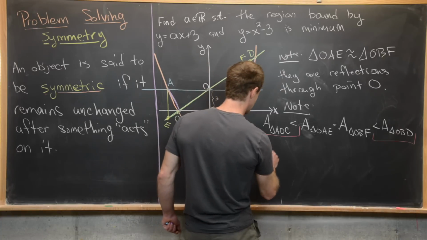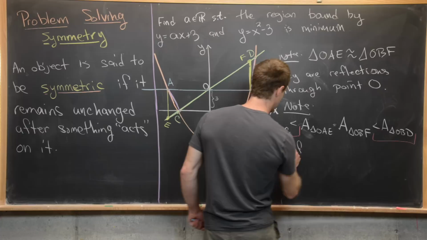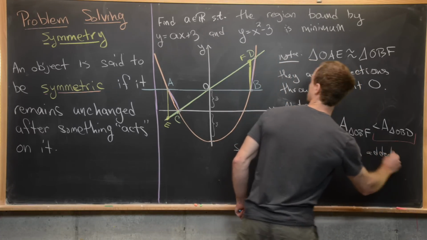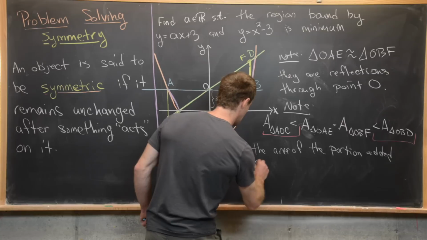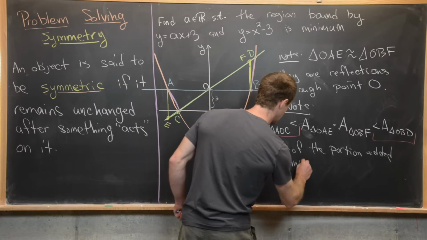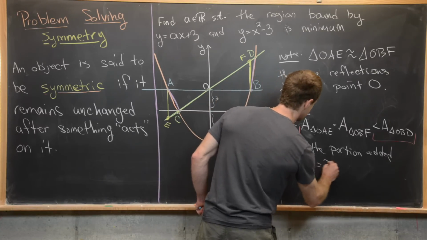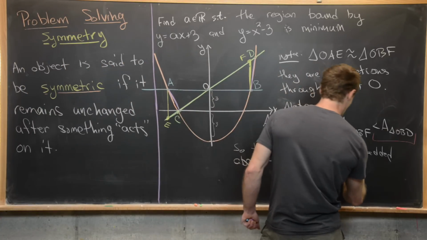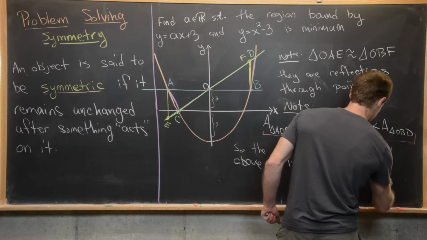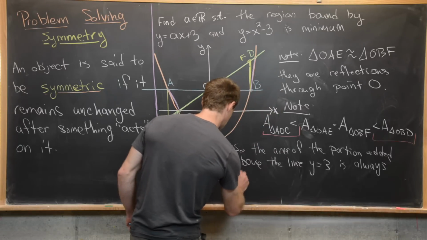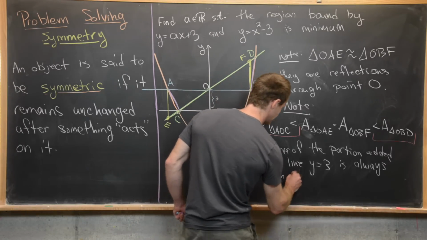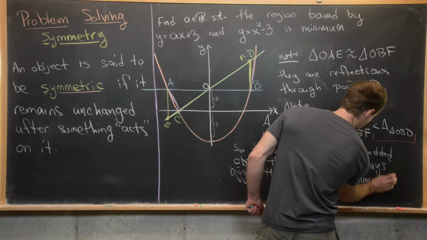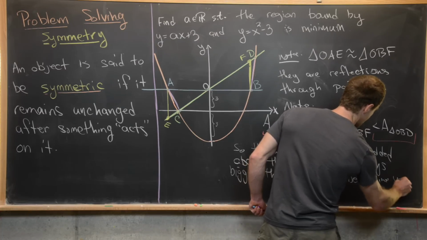So the area of the portion added above the line y = 3, so notice that's our blue line, is always bigger than the area added below the line y = 3.